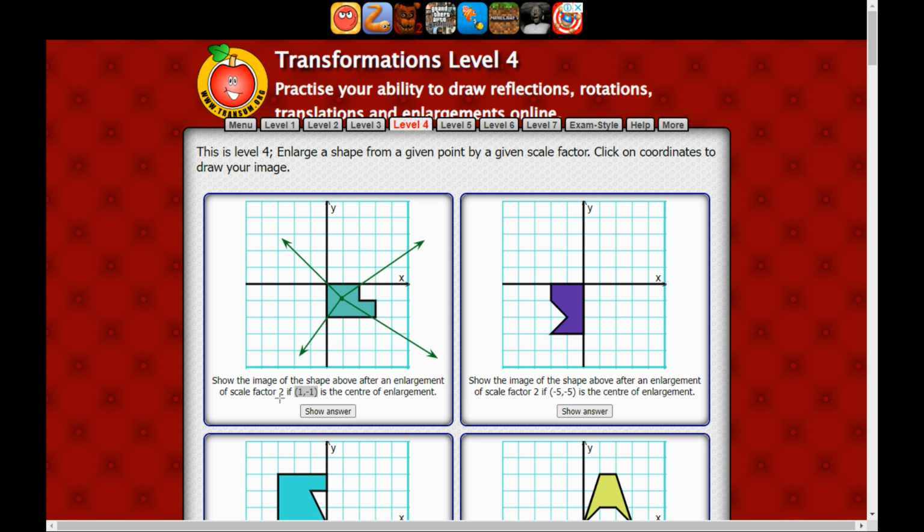Now, it says scale factor is 2, which means we've got to double the size of each length. How many blocks is that? That's 3 blocks over here. Let me just point it out in red. That's 3 blocks over there. What's 3 times 2? 6. Let's look for a point where we would get 6 blocks in between. If I drew it correctly, obviously this is not going correctly, so I have to draw it quite good, like that.